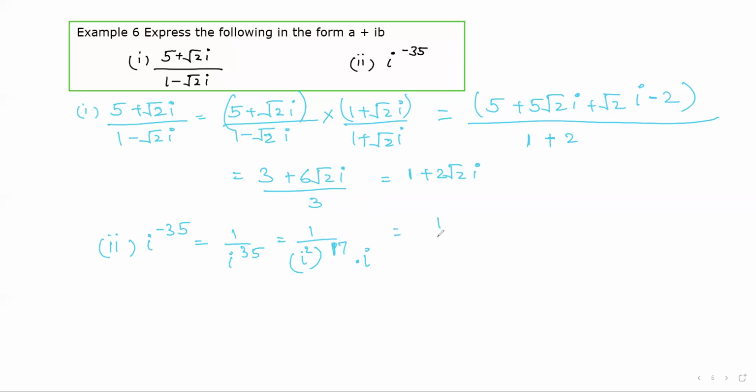Minus 1 to the power odd number will give you minus 1, which is minus i. Now this can be rationalized again to get i upon minus of i square. i square itself is minus 1, so i upon minus of minus 1, which is equal to i.